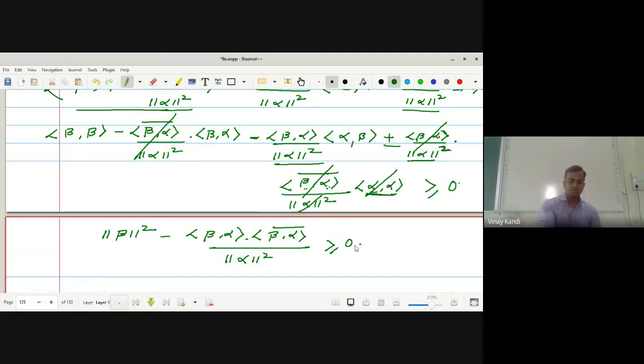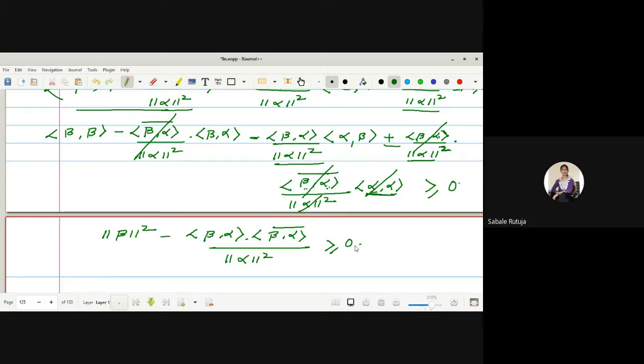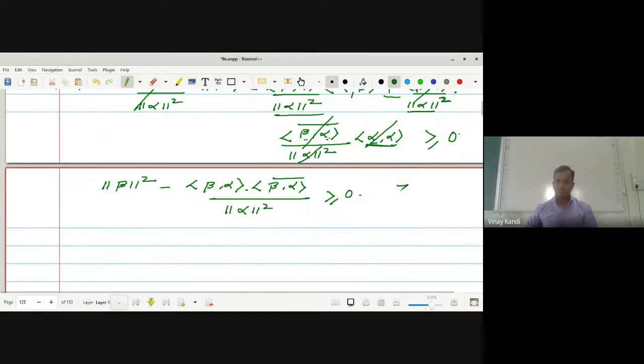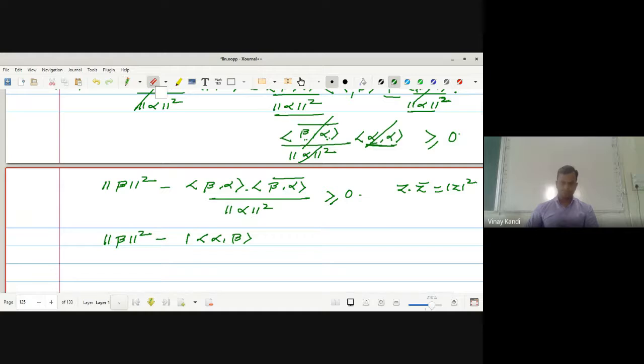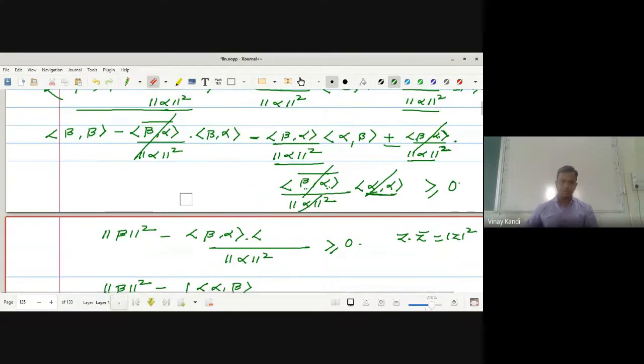Any doubt? No, sir. Okay, now we know that z into z bar is equal to mod z square. So this one, norm of beta square minus, z into z bar is equal to mod z square. That means here write down this alpha beta as it is, and this alpha beta bar. Any doubt now?